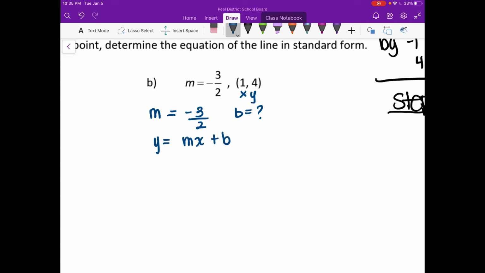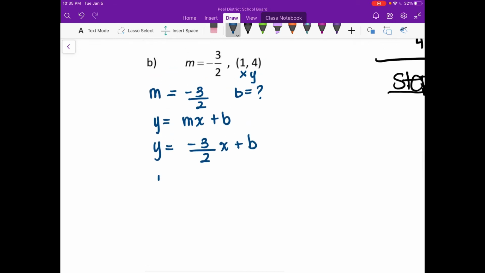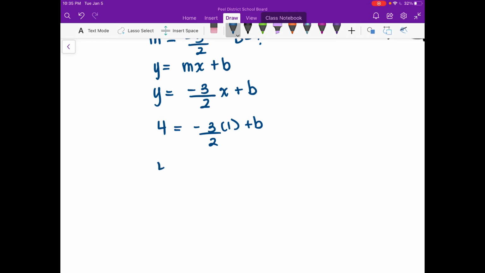So I have y is equal to negative 3 over 2, negative 3 over 2 x plus b. And I'm going to go plug in my x's and y's. So it's 4 plus b, right? And then I'm just going to start solving for b. So then I'm left with negative 3 times 1 is just negative 3 over 2, plus b.